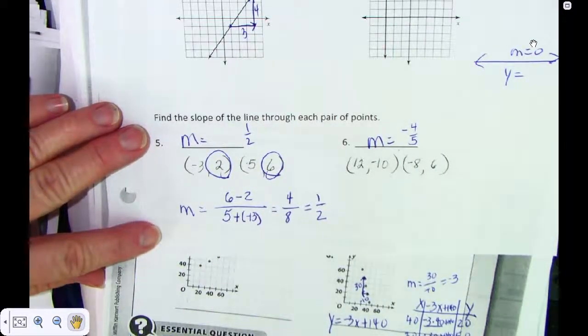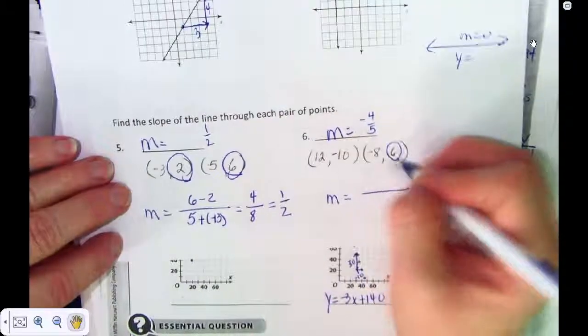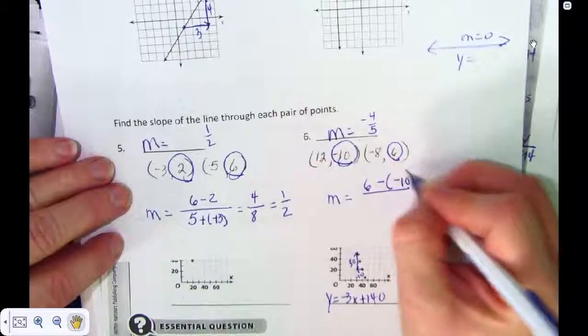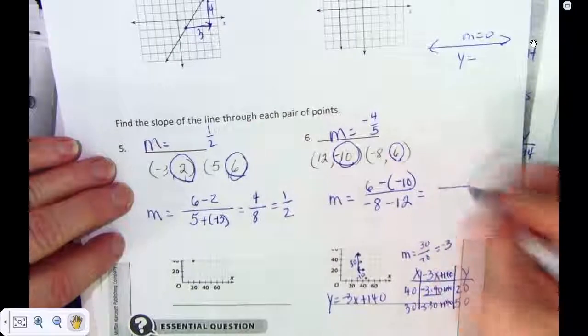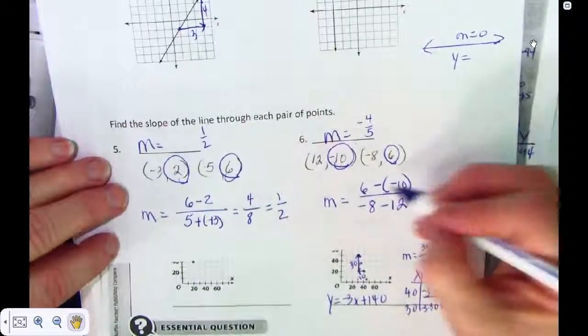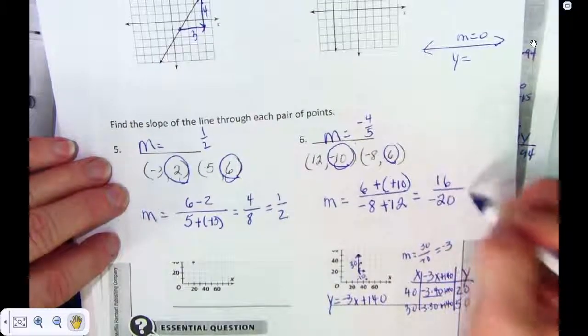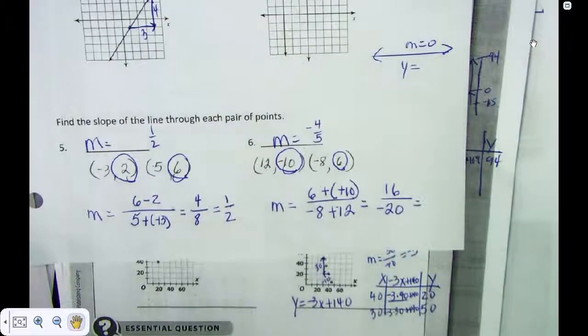You have to reduce it. You just do. Okay? So on the next one, circle my y's. 6 minus -10, -8 minus 12. So keep, change, 16, keep, change, -20. Guys, when I see 16 and 20, my first thought is, oh, those are multiples of 4, because I know my 4's.